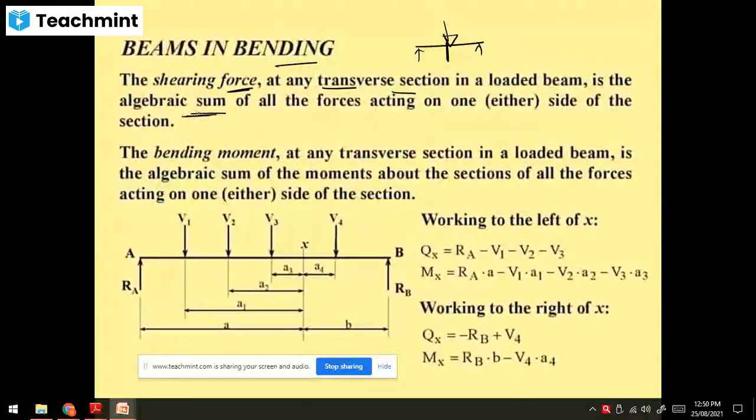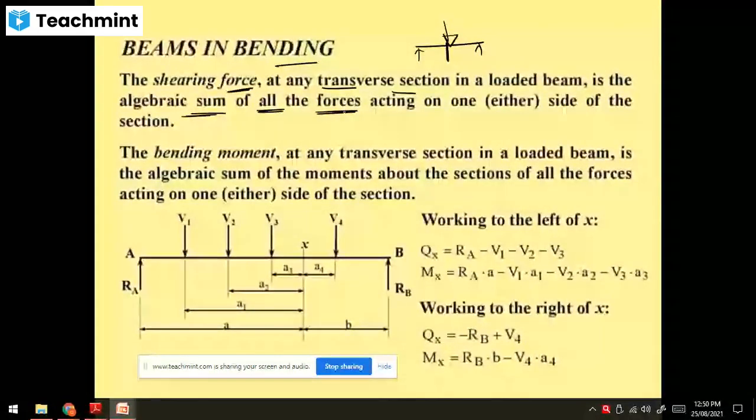algebraic sum of all the forces acting on one side of the section.